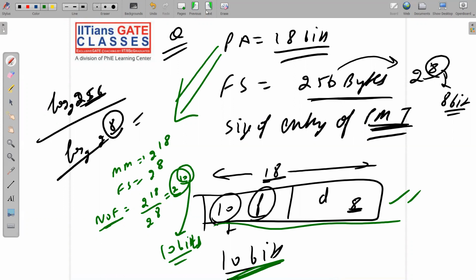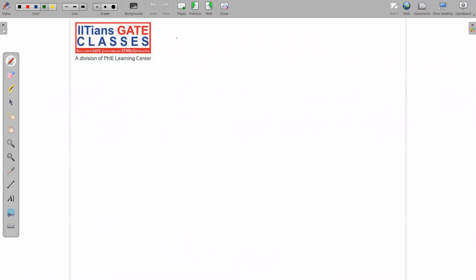I hope you have taken it. Next question. Main memory size is 256 MB. Frame number in physical address is of 8 bits.